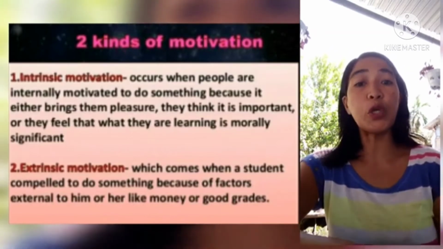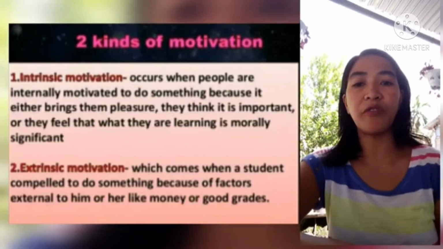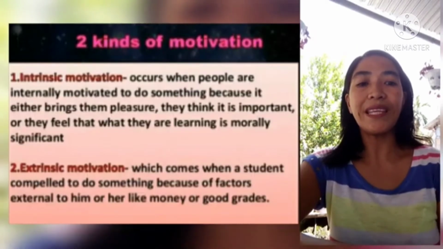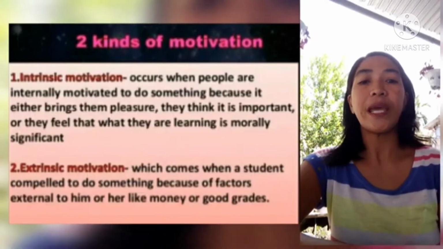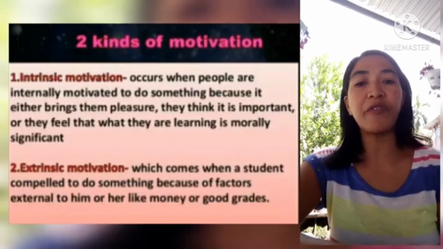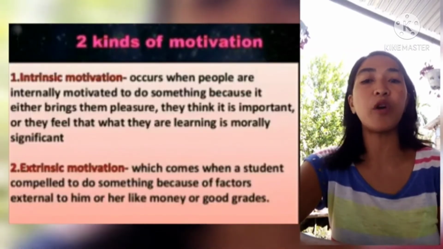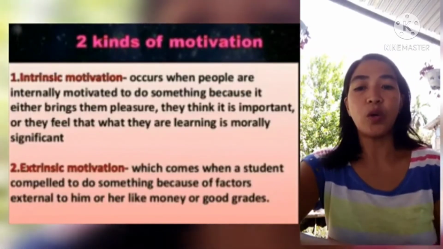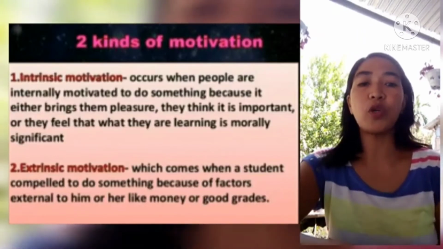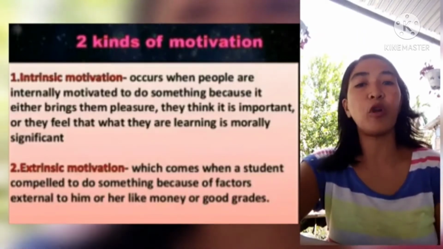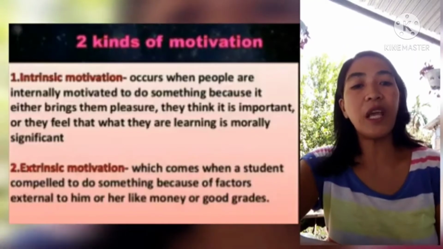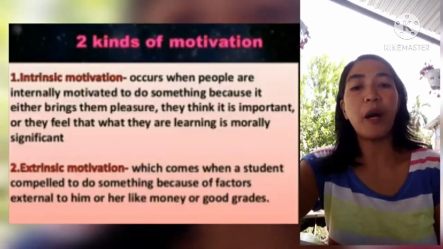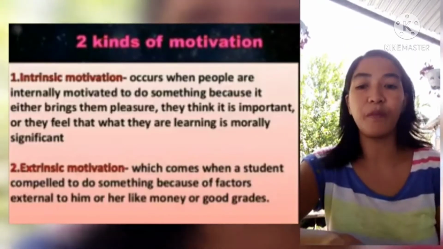Intrinsic motivation occurs when people are internally motivated to do something because it either brings them pleasure, they think it is important, or they feel that what they are learning is morally significant. So in this motivation, the person who does an activity fulfills their beliefs or expectations. They enjoy it and have personal satisfaction.